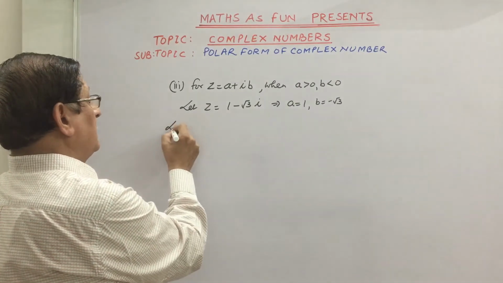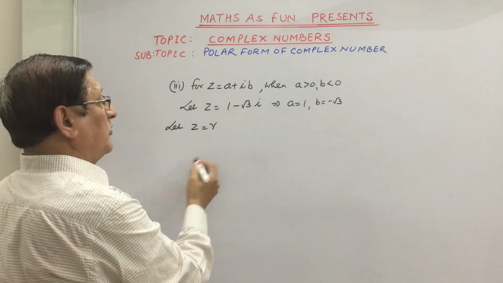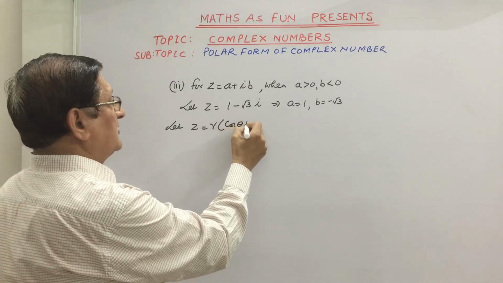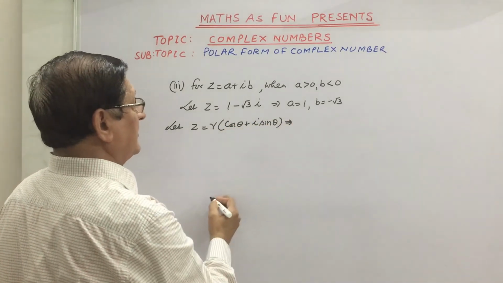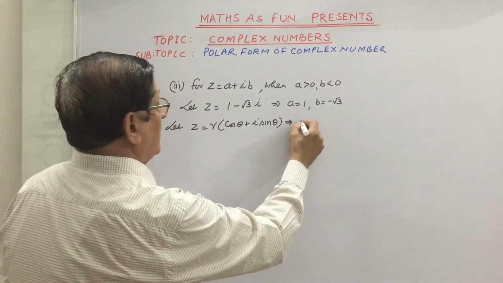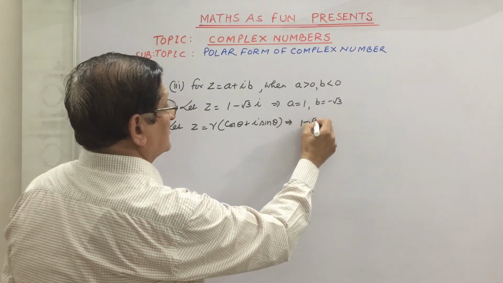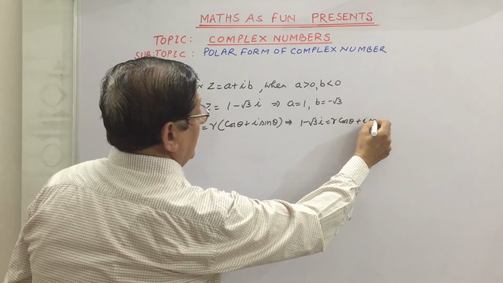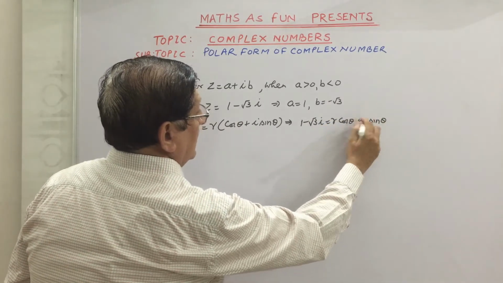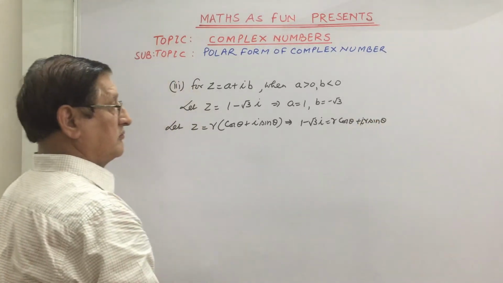Following the procedure, let z be in polar form r cos theta plus iota sin theta, which implies that 1 minus root 3 iota is equal to r cos theta plus iota r sin theta.